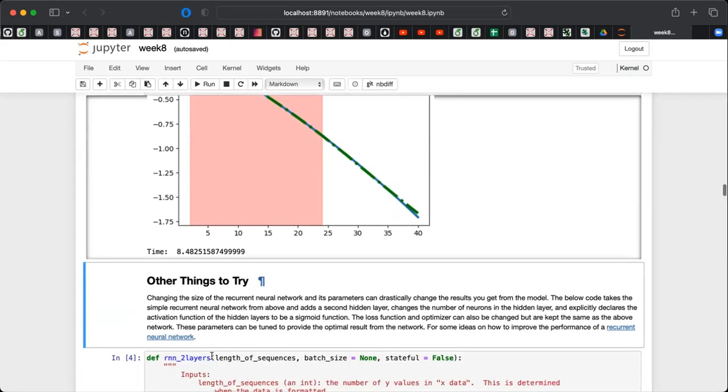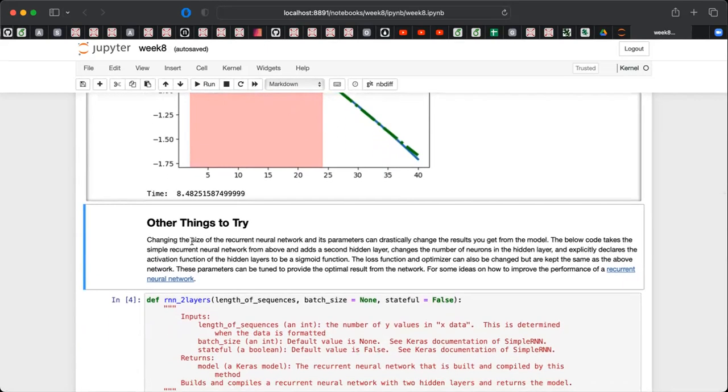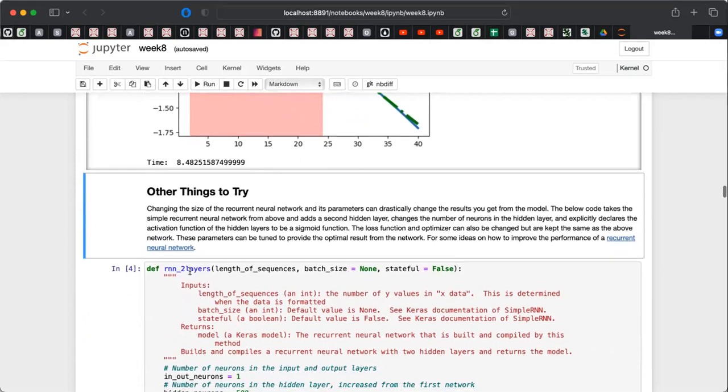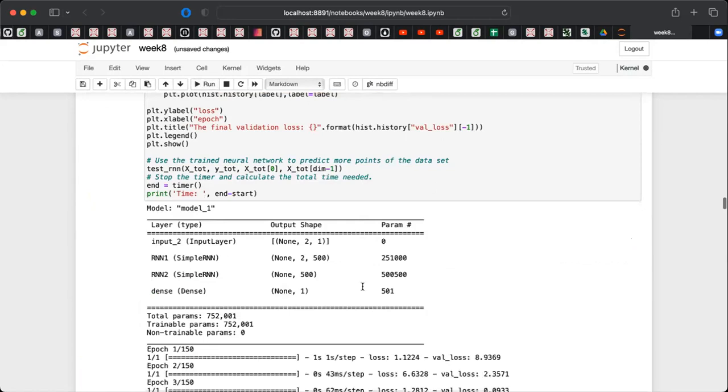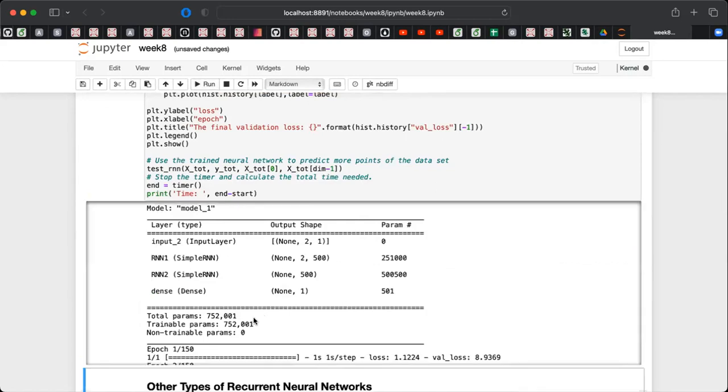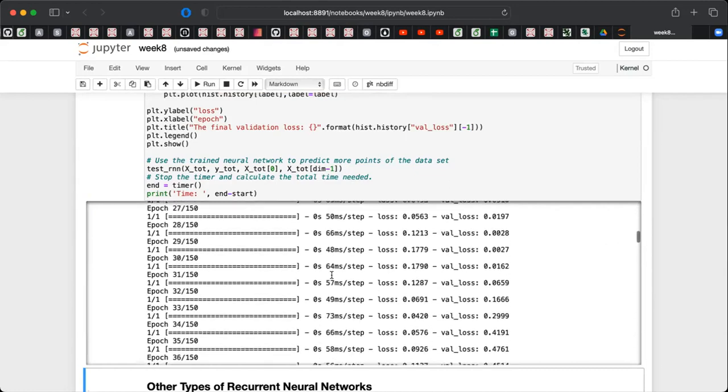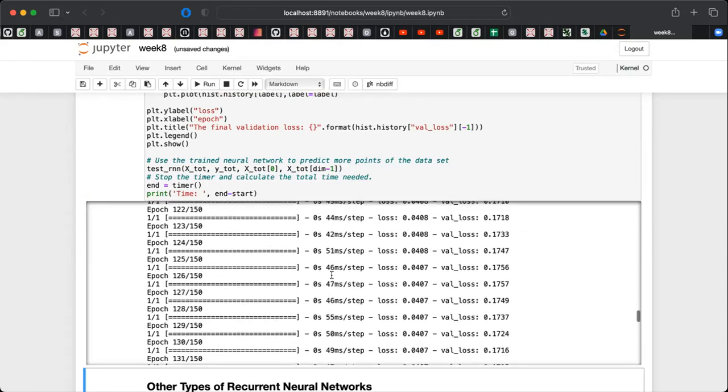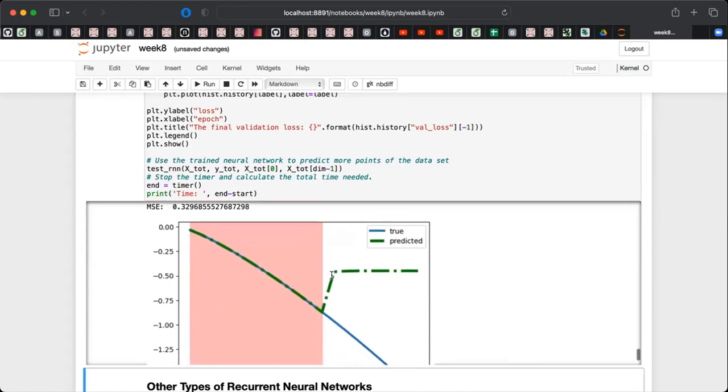You could change the neural network to have a more dense neural network. In the example which comes here, I have 2 layers. And if I run that one, you will see now that suddenly I have 750,000 parameters. So the number of parameters is increasing quite a lot. I also have more hidden nodes in each layer. So you see that if I now do the training here, the results are not that impressive.